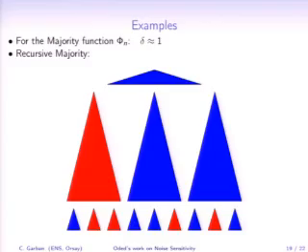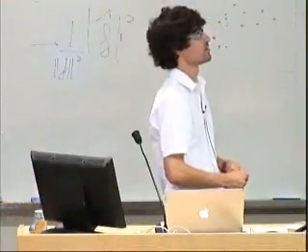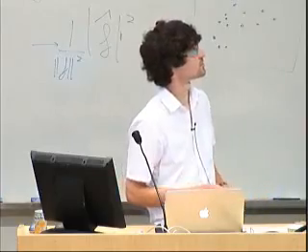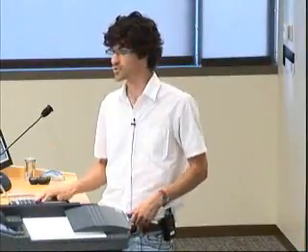For majority, there is nothing really smart to do. You just need to ask people one at a time, and you'll need to ask at least half of the people, and it's easy to see that with high probability, you'll need to ask many. So the revealment is not going to be very good. You could take other examples like recursive majority, and here, I won't do it, but you can easily find an algorithm which will ask very few people.